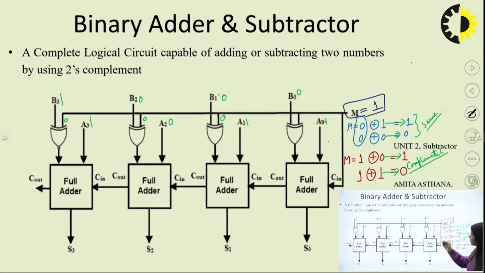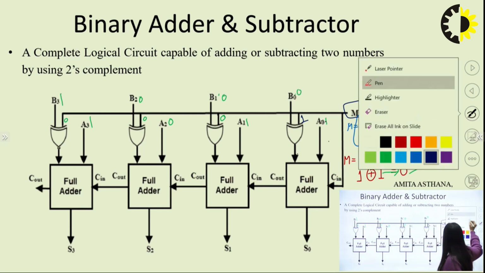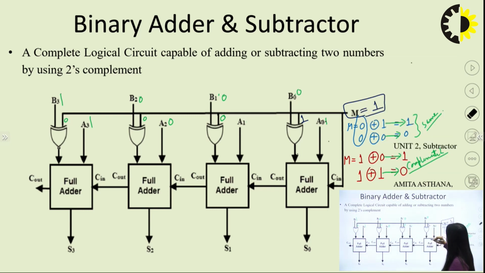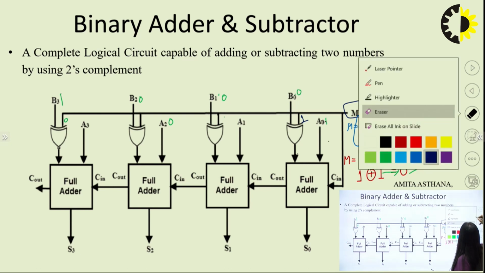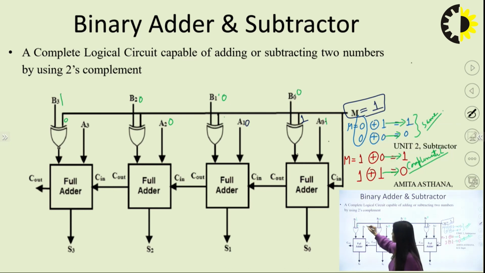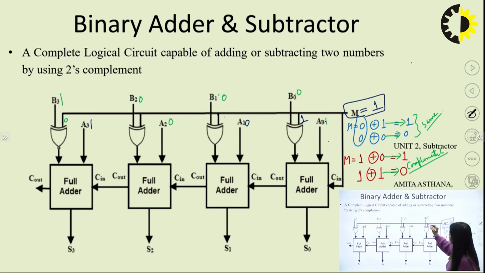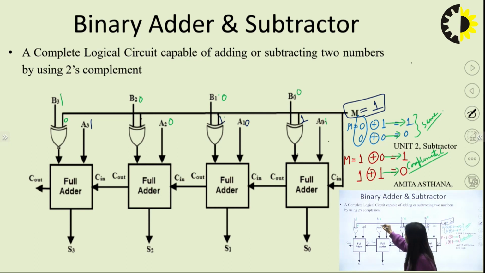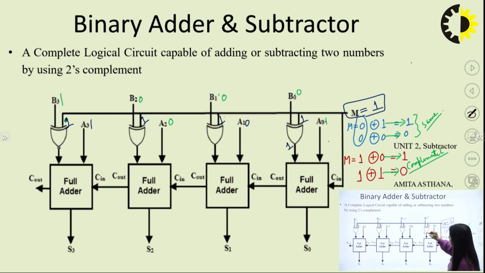Now here all the bits are 1. Okay. Now XOR of 0 and 1 is 1, XOR of 0 and 1 is 1, XOR of 0 and 1 is 1, and XOR of 1 and 1 is 0.